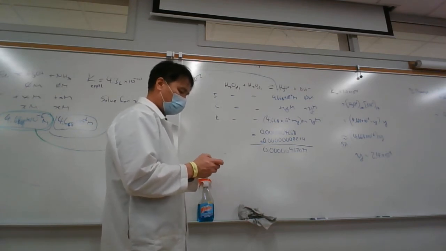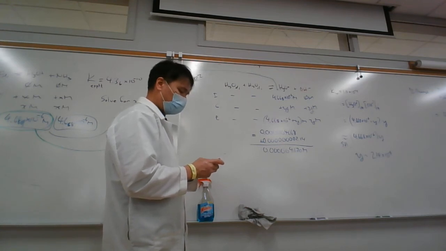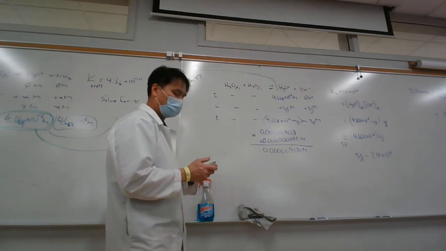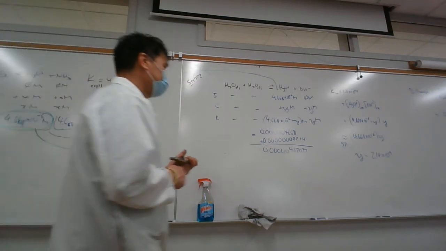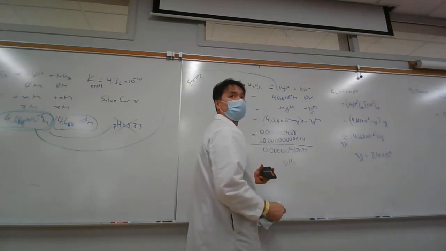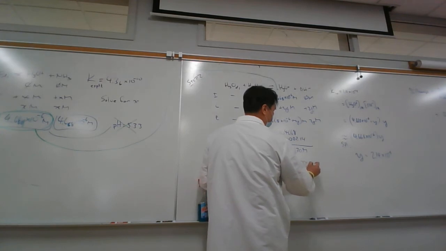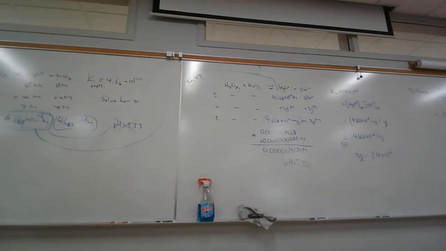So I'm going to type that in: 0.0000467, log, negative. And do you know what the pH comes out to? 5.330. Did it make any difference?